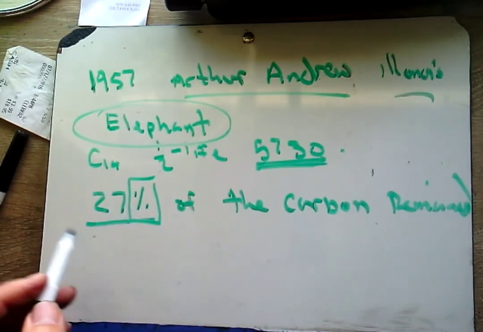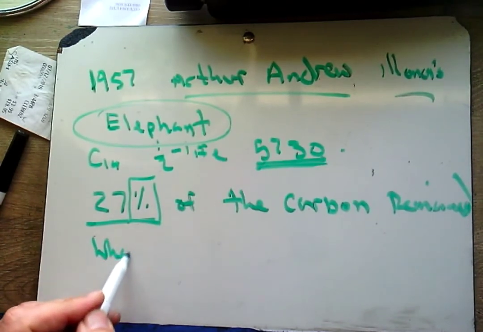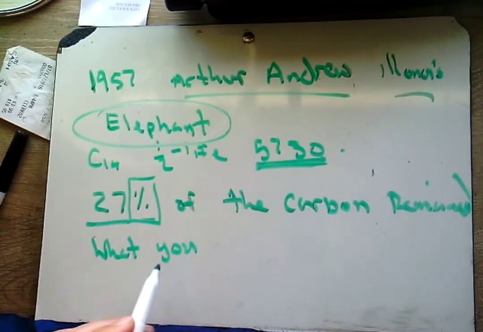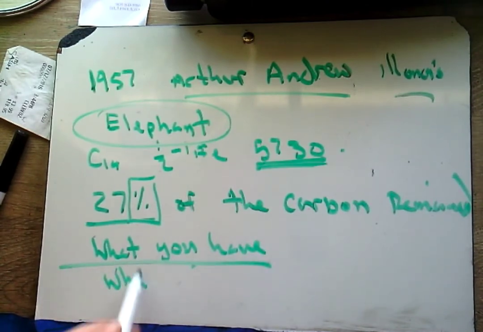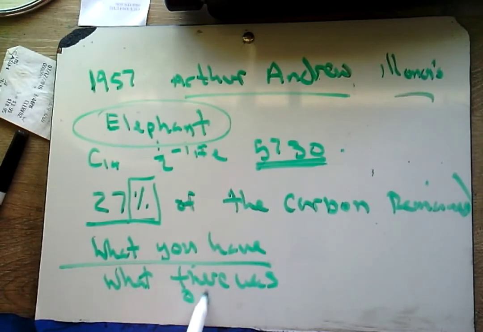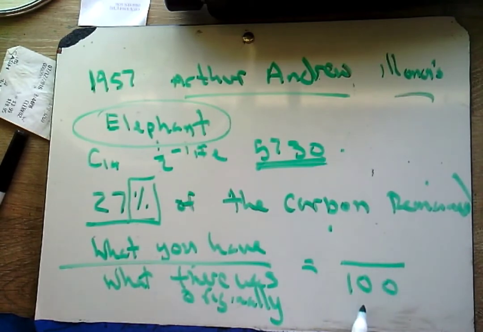Percent is what you have over what there was originally. What do I mean? Well, if you take a 100-point test, originally there were 100 points, and you got 87 of those points, you have 87 out of 100, we know that to be 87%.